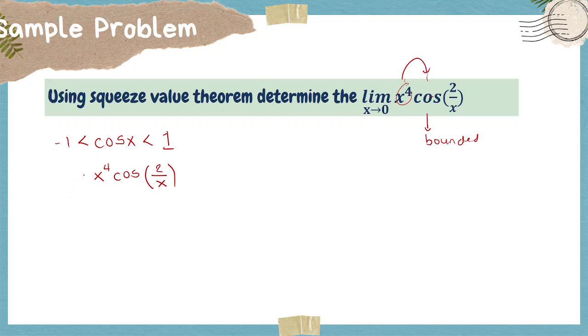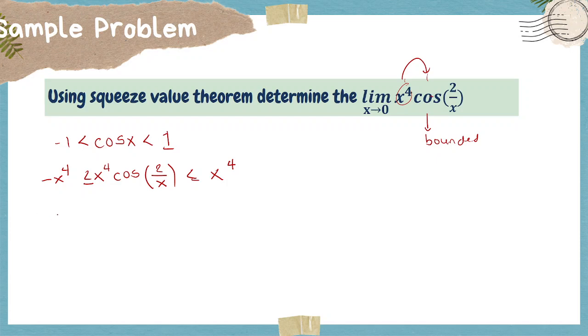We multiply by x raised to 4, which is positive. If you multiply that, shortcut na lang, the answer will become negative x raised to 4 and positive x raised to 4. So, yun yung shortcut.